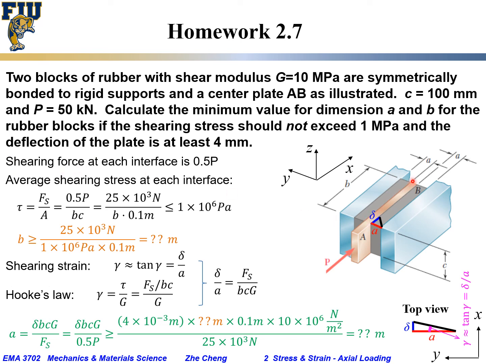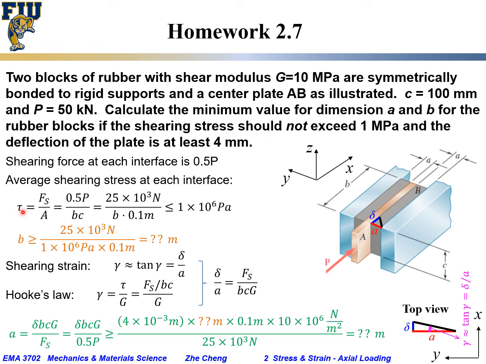On the left interface and the right interface of the AB block, it would be half of P, because P is trying to push AB along positive X. So the shearing force, one on the left, one on the right, is counteracting it, and each would be half of P. Okay, and then the shearing stress, we said it should be 10 megapascal or smaller. Okay, this is our tau.